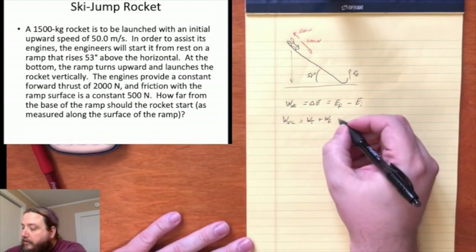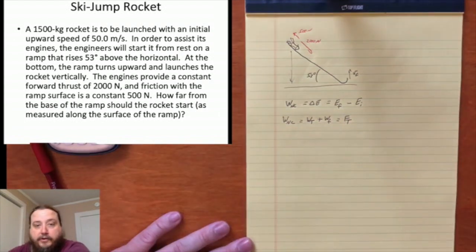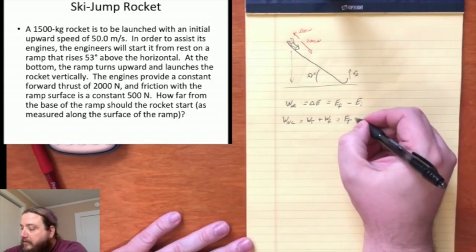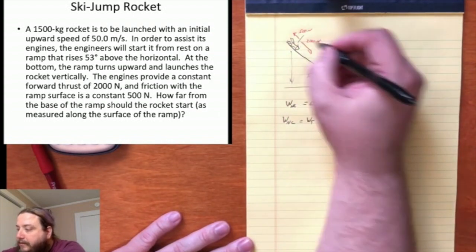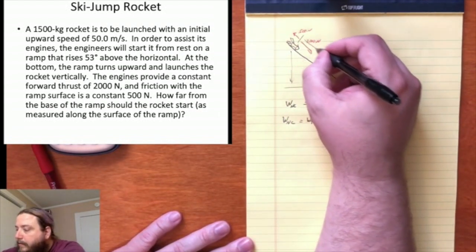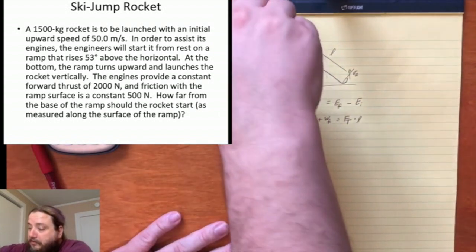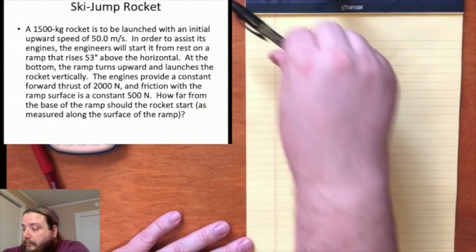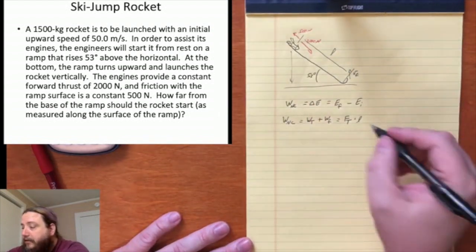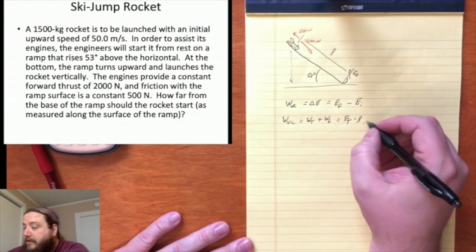Okay, the work done by thrust, well, that's going to be the thrust force, F sub t, times the distance, we'll call it L, the distance along the ramp, right? So the thrust is always in the direction of motion, so it's just F times L is our work, and the thrust therefore will be, or the total work will be F thrust times L.